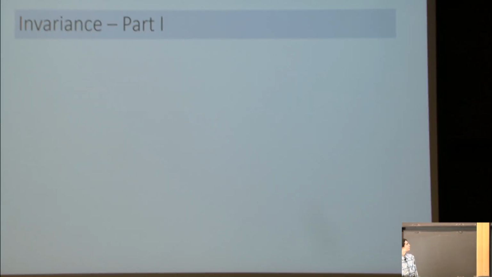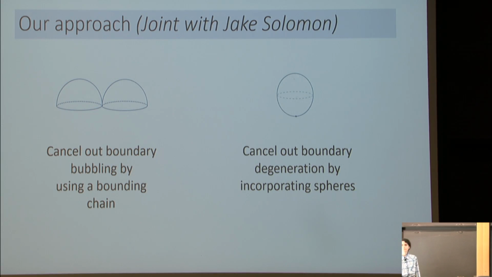When you say cancel out, do you mean you construct a moduli space without boundary, or the contribution is canceled out by some other contribution? Well, it's more like the latter. It's not an honest canceling. Like in the case of spheres, you cancel out two different contributions.